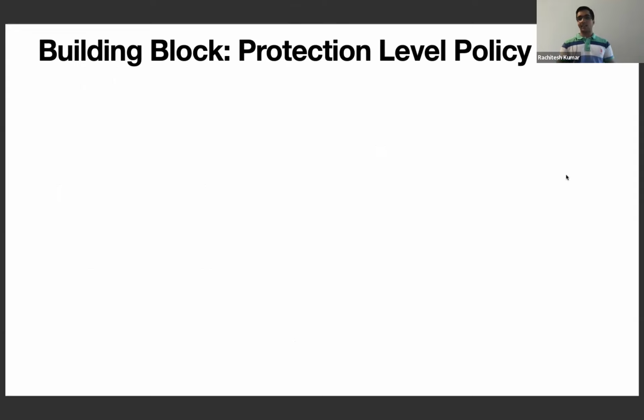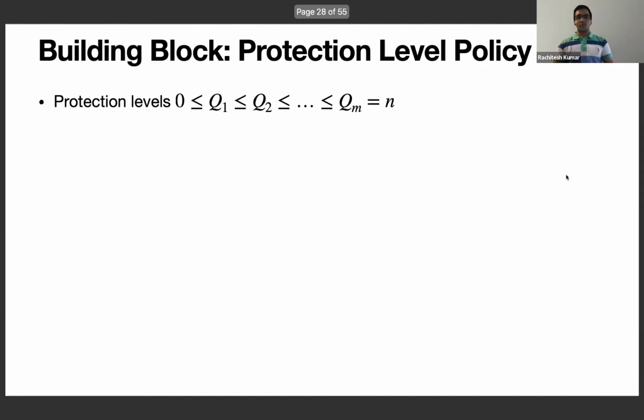Now, having described the LP, we would like to construct an algorithm that achieves performance on the upper bound given by the LP. To do that, we will use as a building block protection level policies. These are the workhorse of single leg revenue management. They have also come out of theoretical analysis of all kinds.